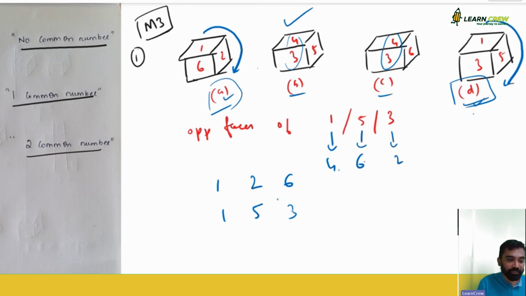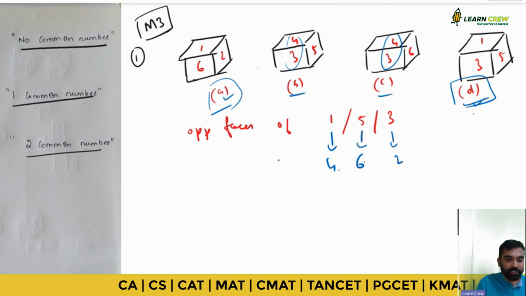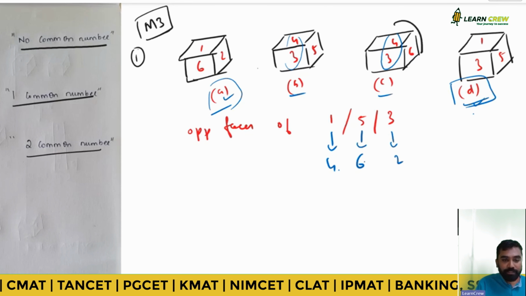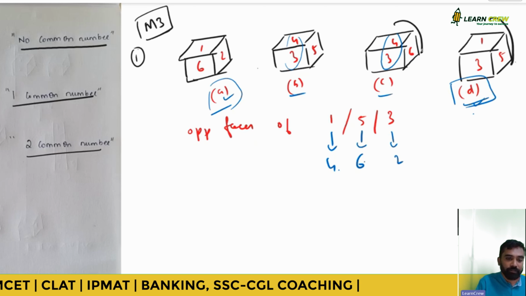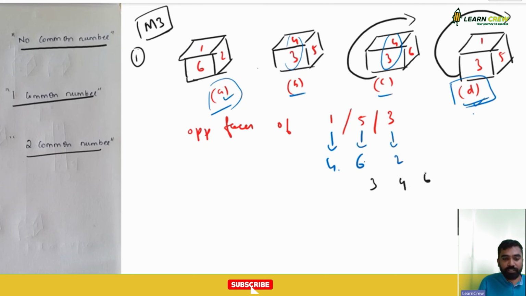Okay, instead of this, let me take this. 3, 4, 6, 3, 1, 5.